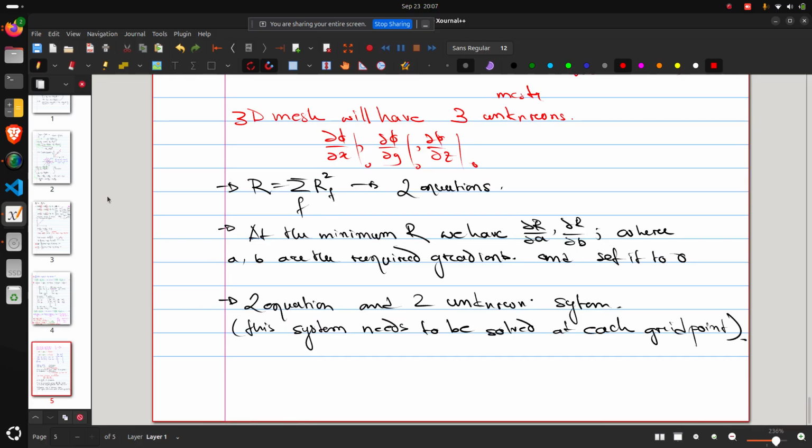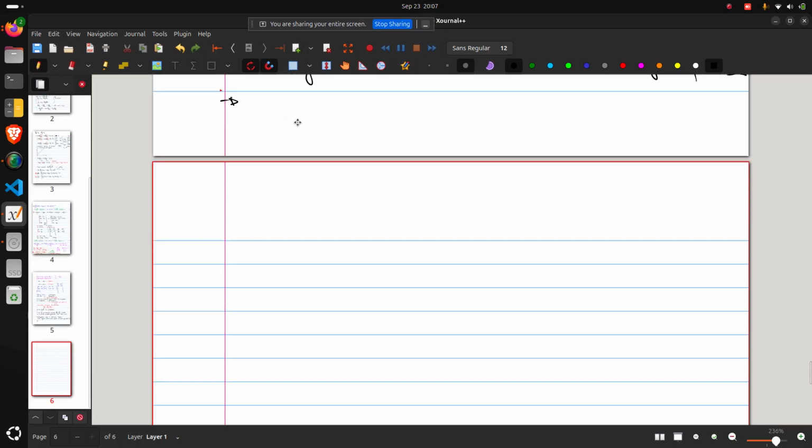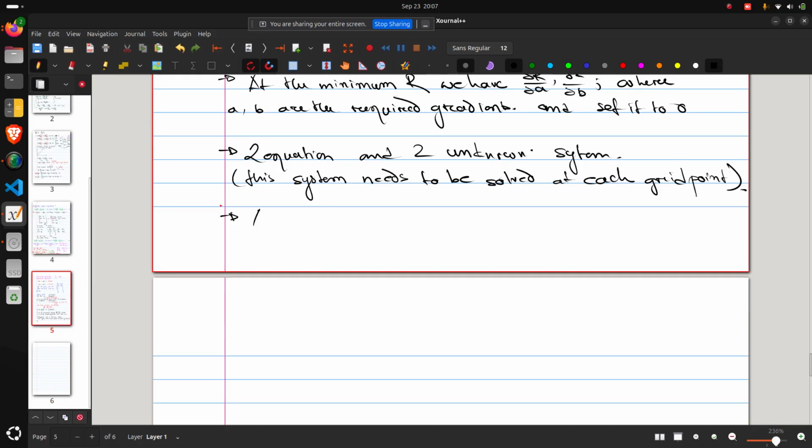So in this way we solve the system of linear equations represented in a matrix form. We can write it as A transpose A times G equal to A transpose B. This kind of Ax equal to B solve we need to do for each of the cell centers, and we will get the gradients.